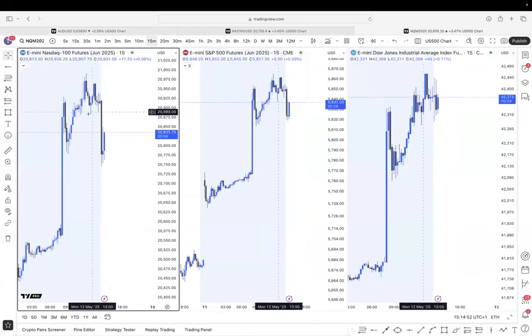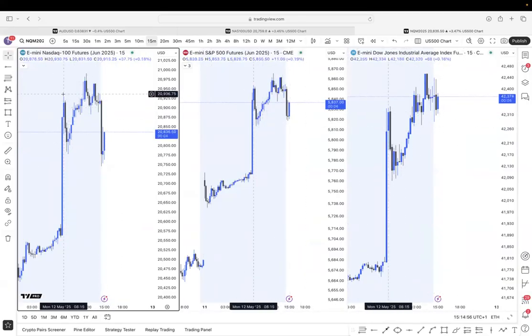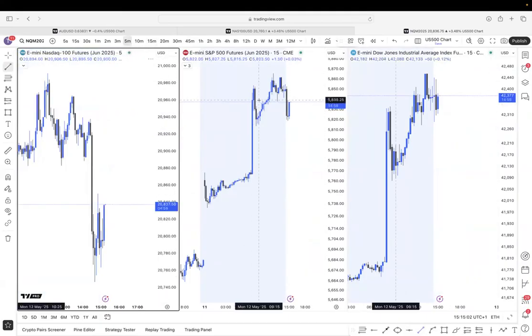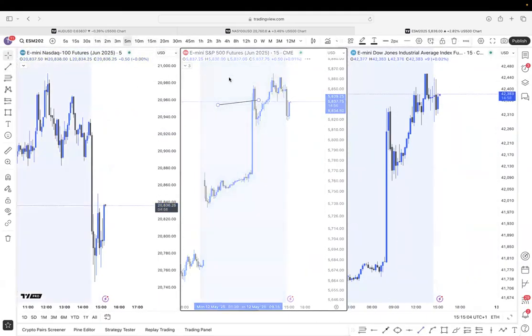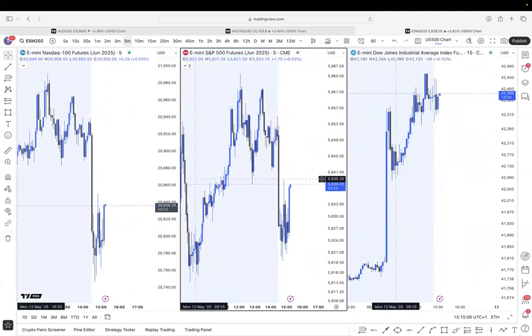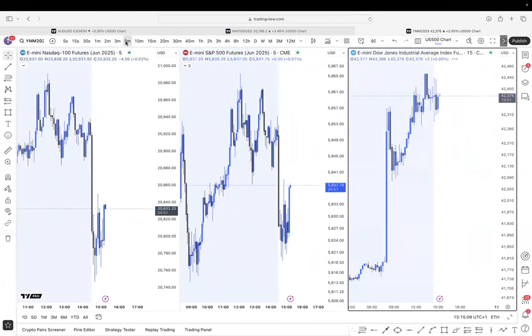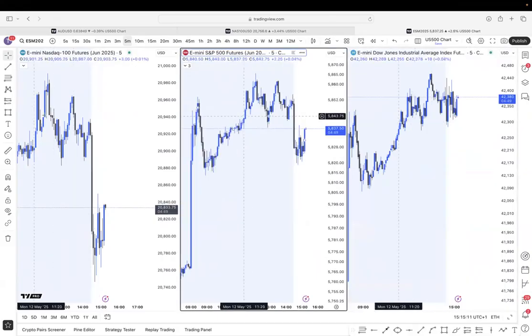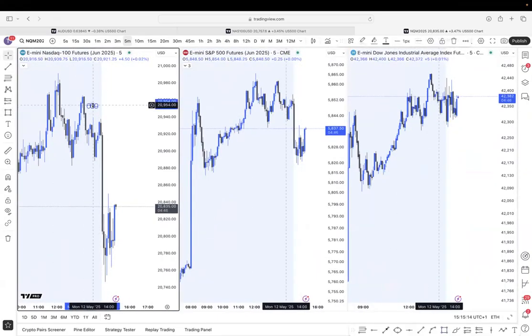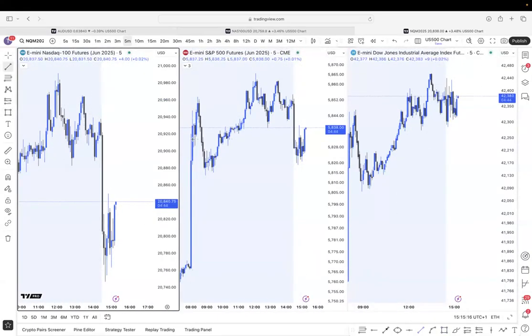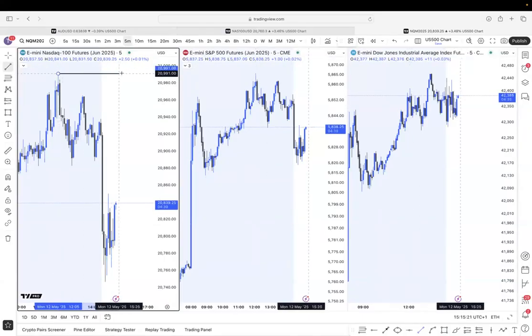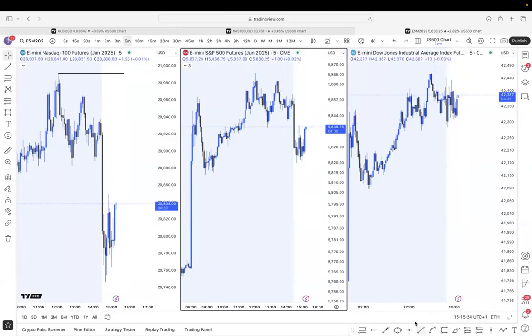Let's look at real-time price action right now. There's a couple of things going on. One thing I can see, again, let me just go to a smaller time frame, because what we can see is divergence between this particular high right here and the same high, which is here.